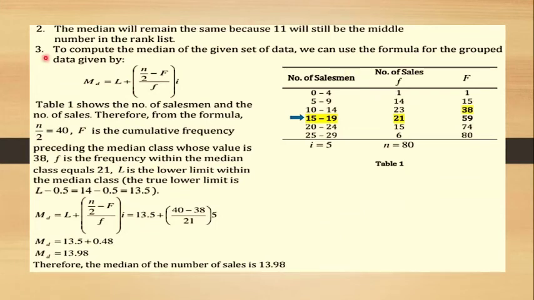To compute the median of the given set of data, we can use the formula for grouped data given by the median, or M sub D, is equal to the lower limit plus the open parenthesis, the sample size N over 2 minus the cumulative frequency all over frequency, close parenthesis, times the interval.